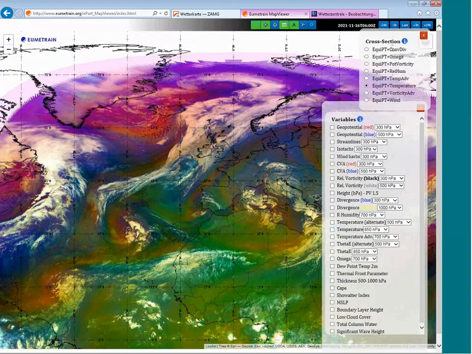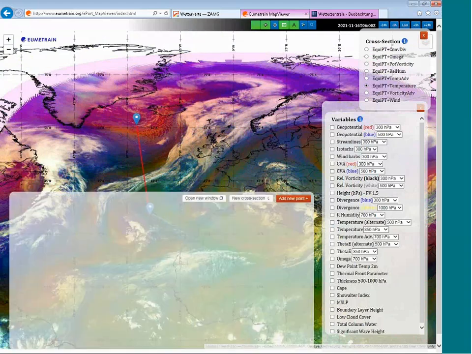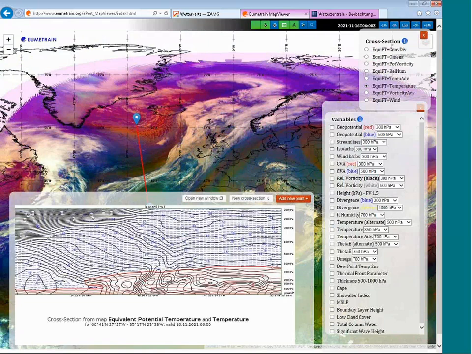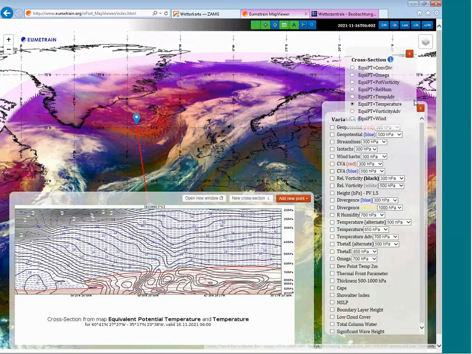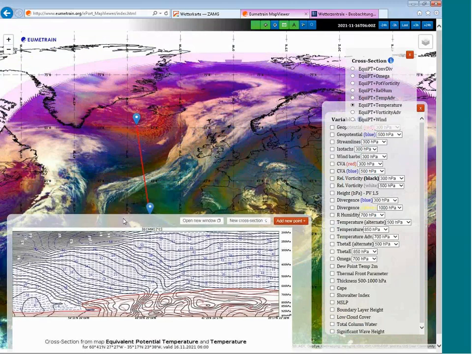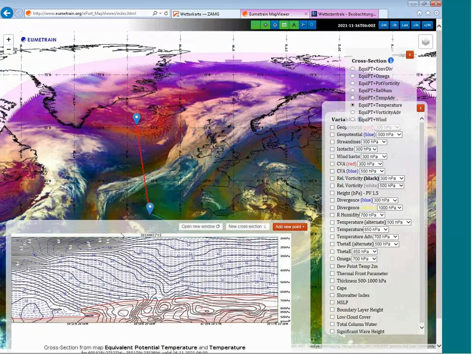and put the cross-section, well, let's start from the cold air mass, maybe to the warmer air mass, and let's have a look what is displayed. We have the temperature, and we have, let's move it a little bit to the south, the equivalent potential temperature.